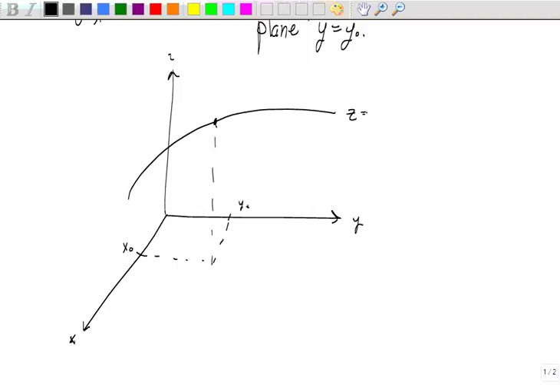This is z equals f of x, y, and this point right there in red, let me draw it red, is x0, y0, f of x0, y0. And this is the tangent line.